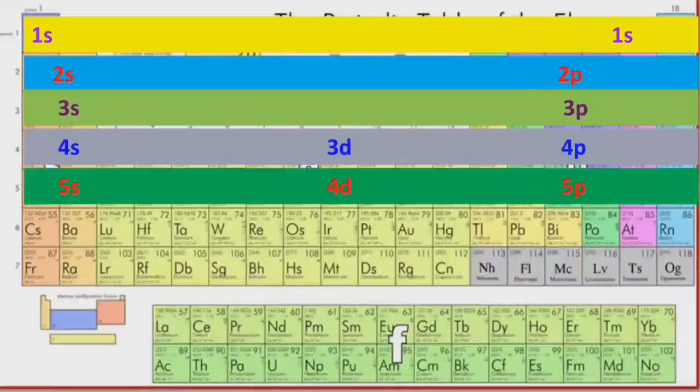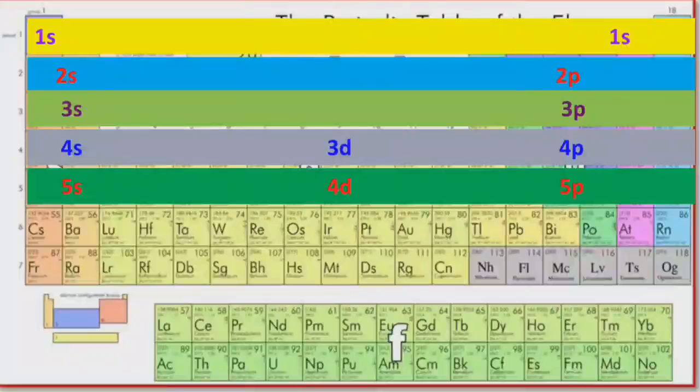If you observe the fifth period, 5s orbital, 4d orbital and 5p orbitals are filled up. If you observe the sixth period, total 32 elements are there from cesium to radon. From cesium to barium, the 6s orbital is filled up.